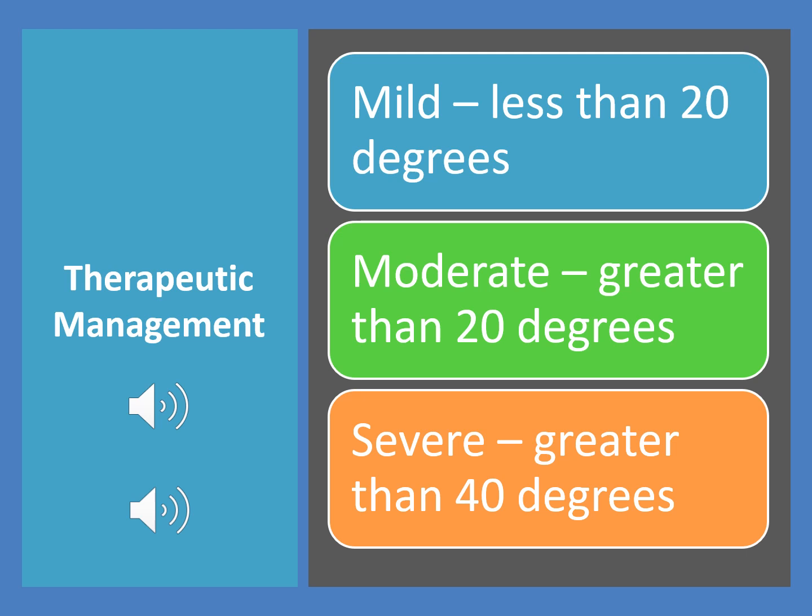In some cases with moderate curvature, they can also include surgery or a combination of both surgical and non-surgical measures. With severe curvature, so greater than 40 degrees, they may actually require surgery with spinal fusion or putting in different rods and pin placements to create a more stable spinal column.